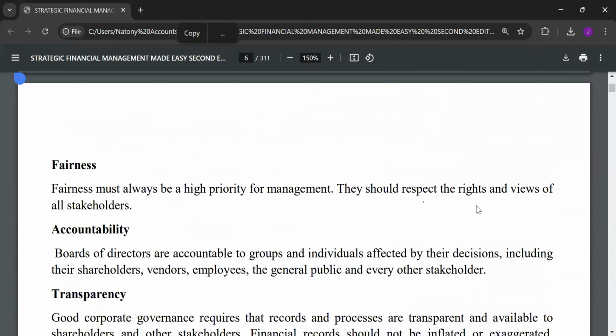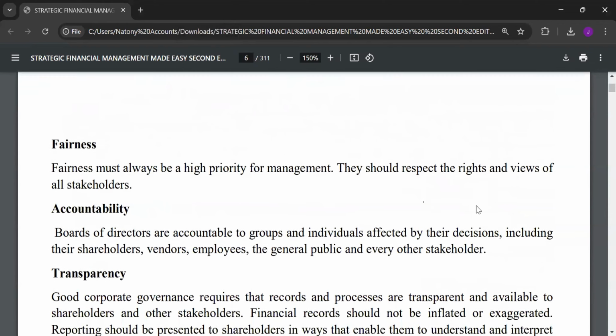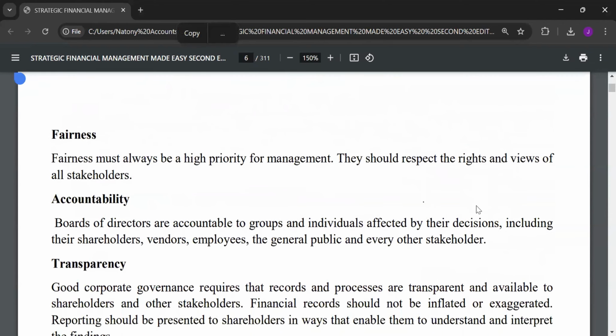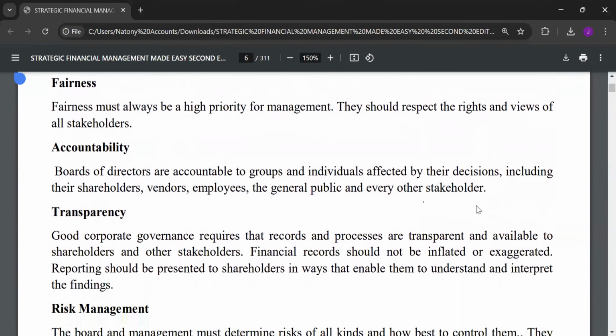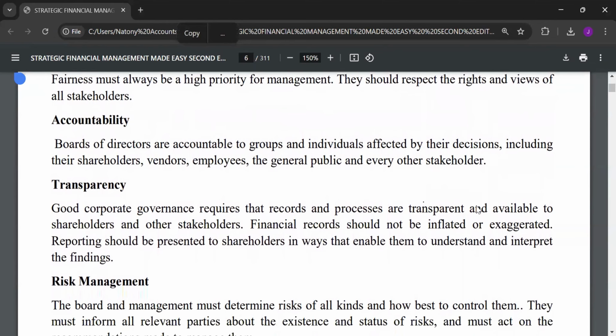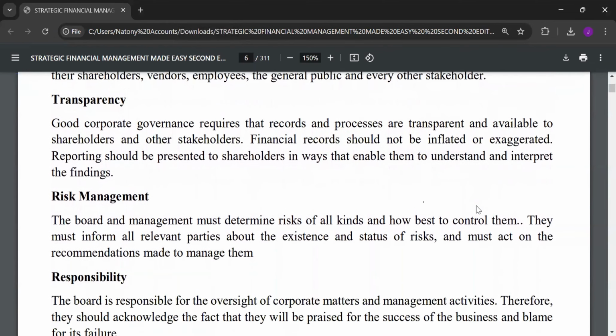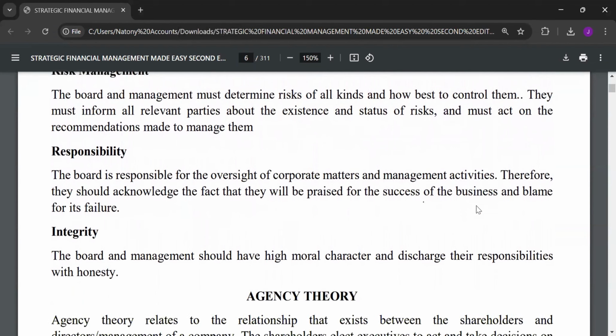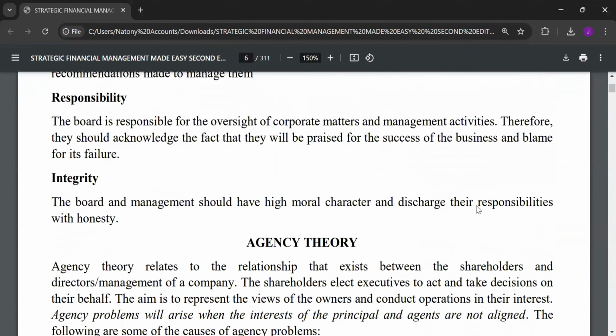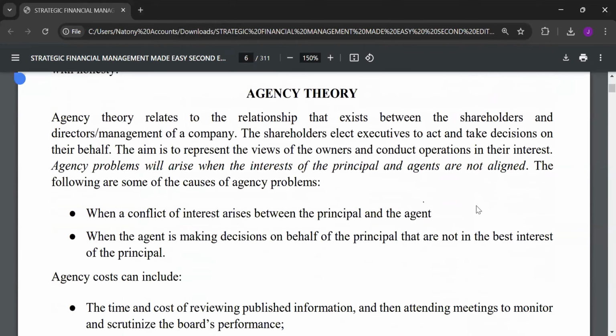Management must be fair to every one of these stakeholders, not just to the shareholders. There should be accountability. The board should be accountable for their decisions. Transparency, risk management, responsibility, integrity. So these are the characteristics of the corporate governance code.